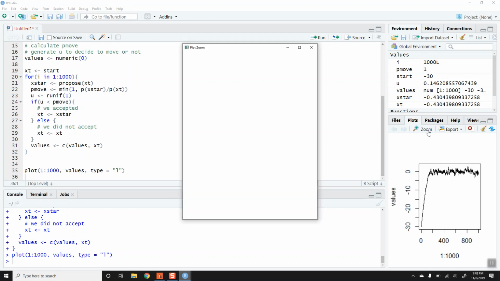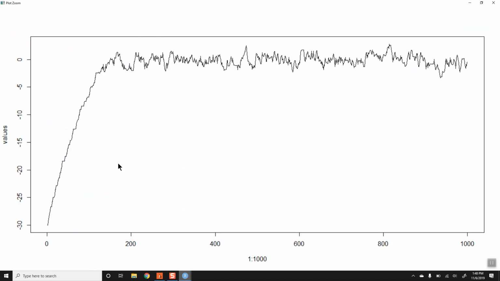Okay, oh, look at that. So we started off at negative 30, which is a terrible place to start, right? And we see in the beginning it takes us, looks like 120 iterations or so, to finally get to this region, and now we're just bouncing around, looks like between minus 3 and plus 3.